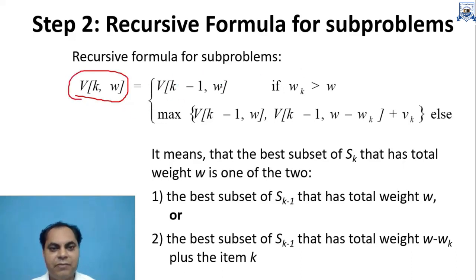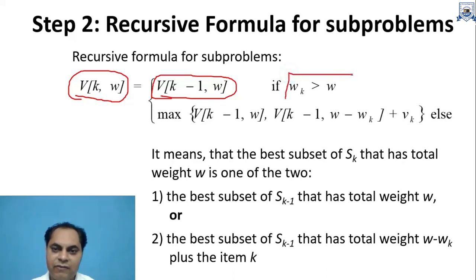For that purpose we have two possibilities. It may be equal to V[k-1,w], that means the solution attained by considering k-1 items while keeping the same capacity of the knapsack. This happens when the weight of the kth item is greater than the current capacity of the knapsack, so you cannot accommodate it. That means the solution is determined by excluding this item.